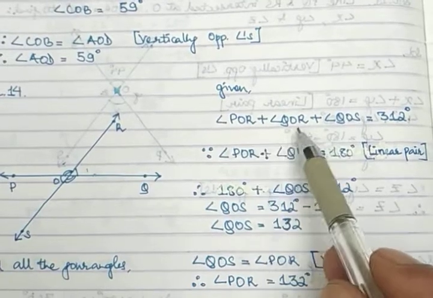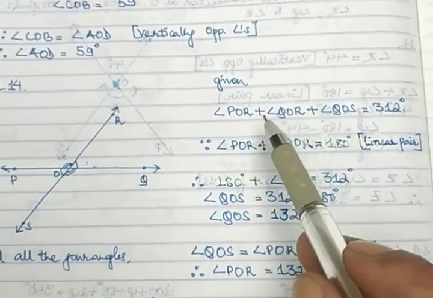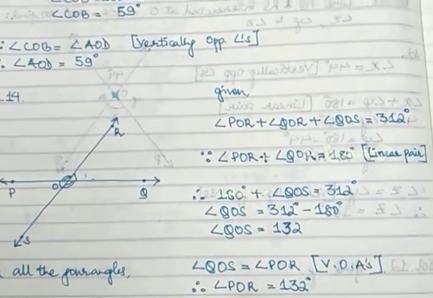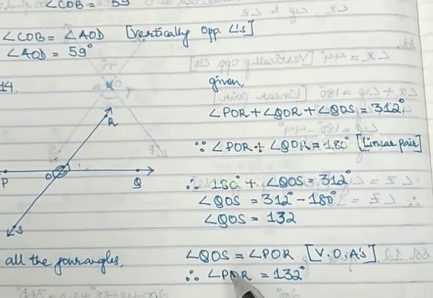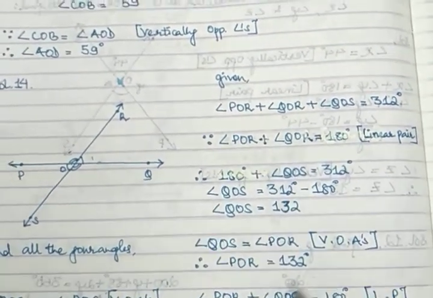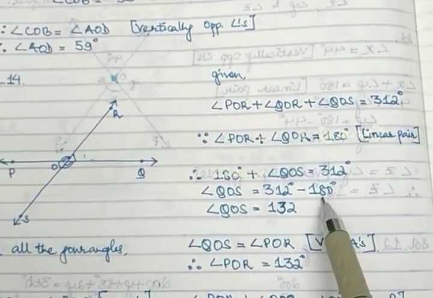Because I know that the sum of these two will be equal to 180 degrees. So in this equation I have substituted: 180 degrees plus angle QOS equals 312. I substituted this because I need to find the value of QOS, one of the angles. Now 180 degrees goes to the other side and becomes subtraction.